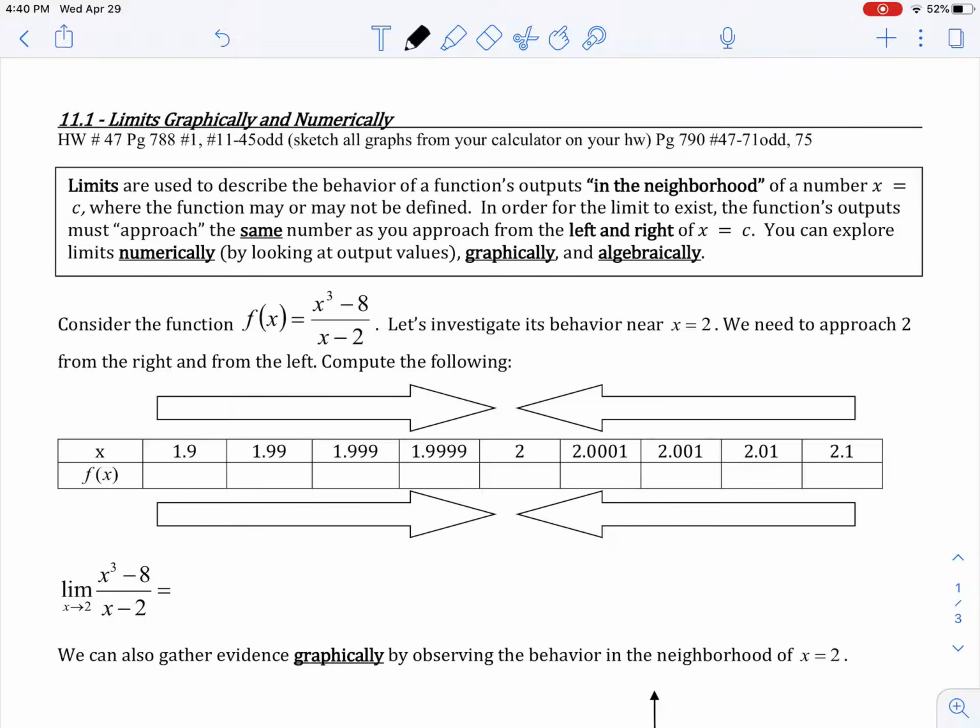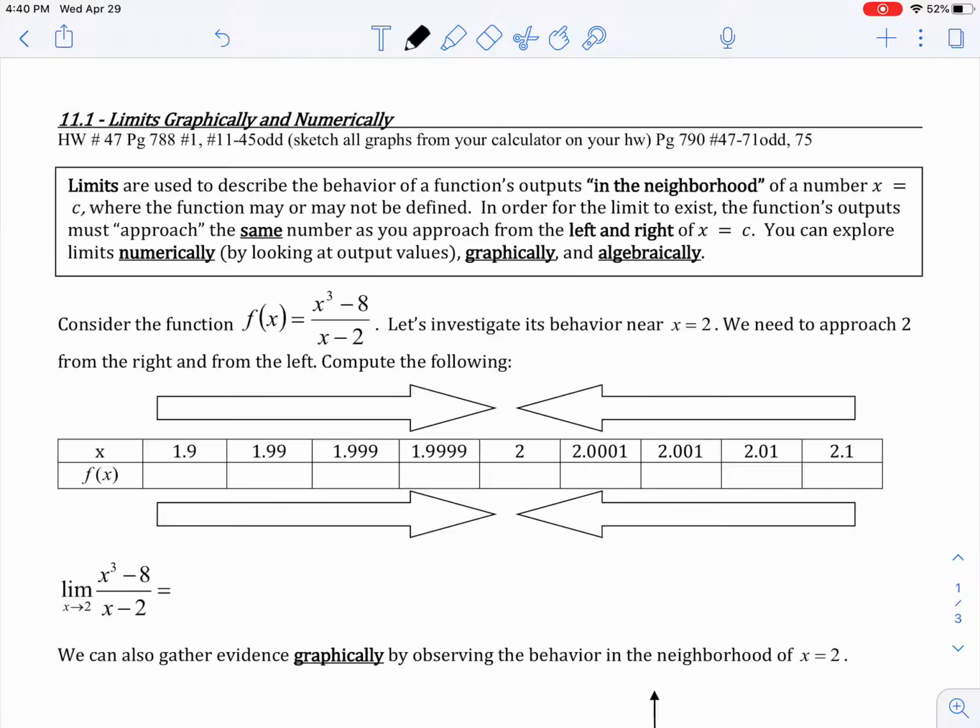So as we get closer and closer to c, we're asking ourselves, how is the function behaving? What are the outputs that are coming out of this function? How is it looking? And whether or not the function is actually defined at the point x equal to c has no bearing on what the limit actually is.